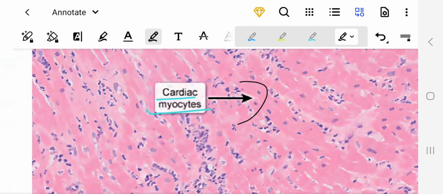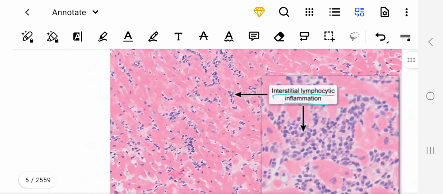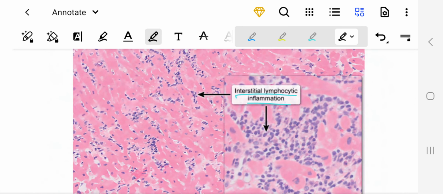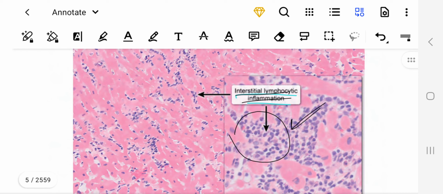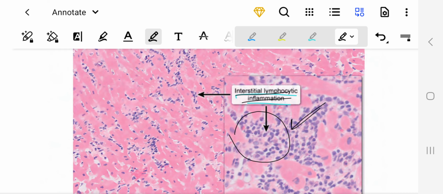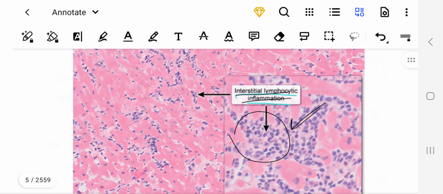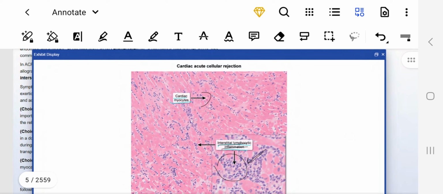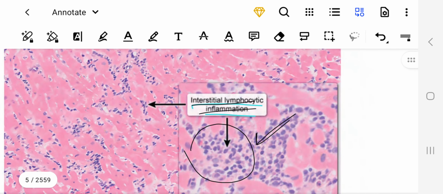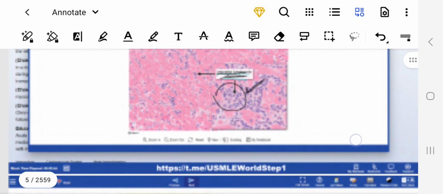Then we have interstitial lymphocytic inflammation. They have come and grown and have increased their concentration, right? So this is the interstitial lymphocytic infiltrate, right?